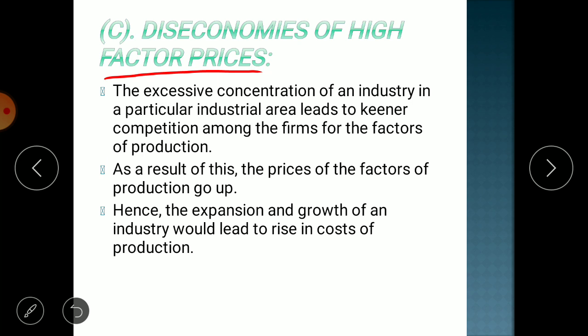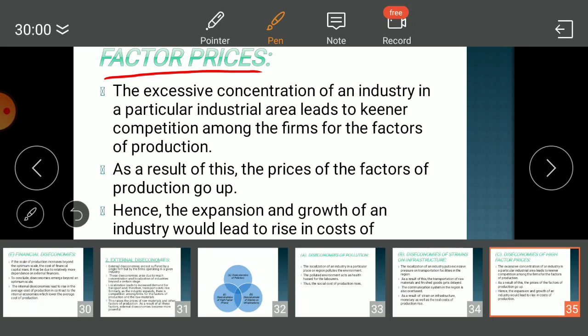Capital is always in scarcity. If you are raising a loan once from a bank, they may give it to you at a lesser interest rate, but if you keep raising loans from the bank, every time your interest rate will increase. We have seen that in the external diseconomies, in financial diseconomies, in the last lecture.